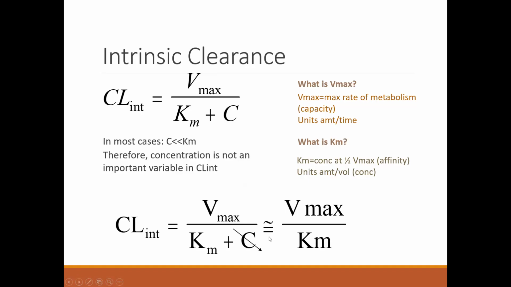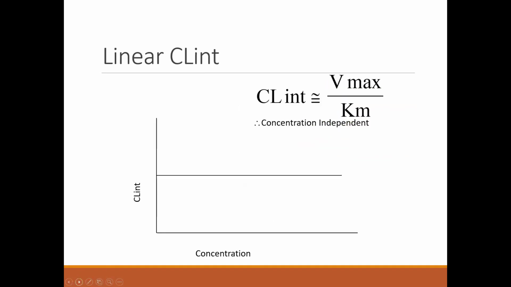So in most cases, concentration falls out of the denominator, and we have a linear intrinsic clearance. Intrinsic clearance remains the same unless there's a change in Vmax or Km, which can be caused by drug and disease interactions.